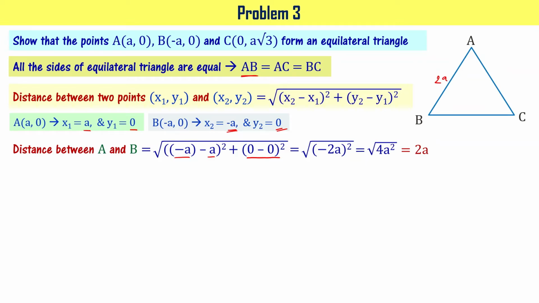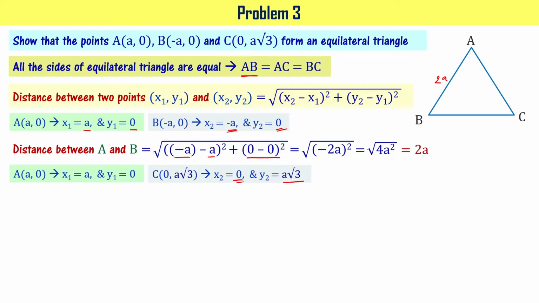Now let's find the distance between A and C. Here I am considering (x1, y1) as A, that is (a, 0), and (x2, y2) as C, that is x2 equal to 0 and y2 is a times root 3.